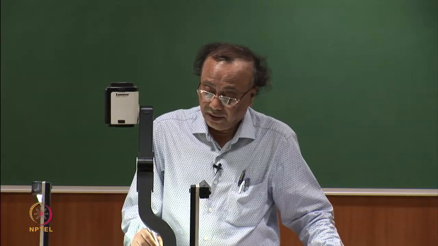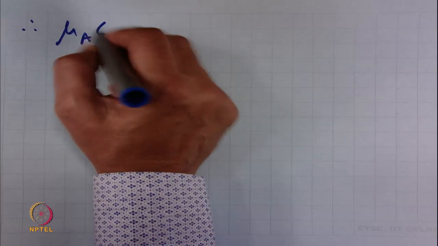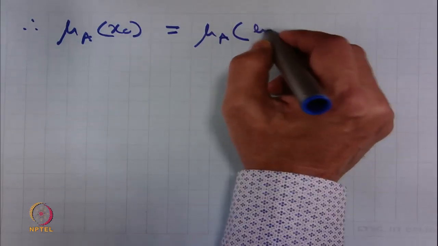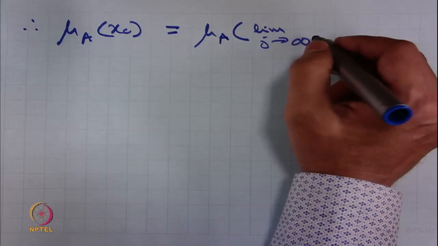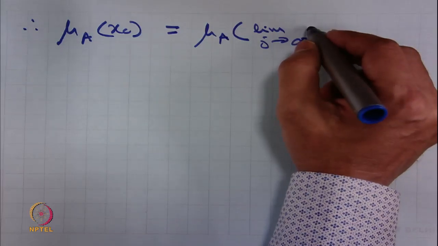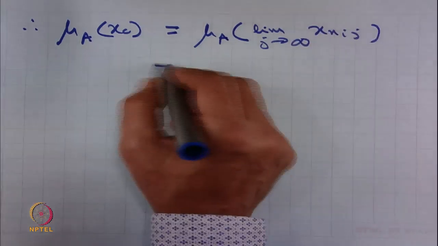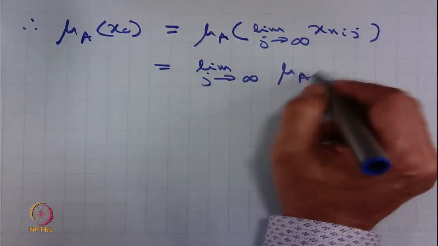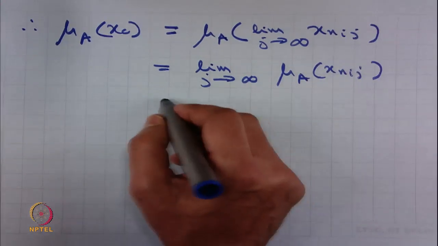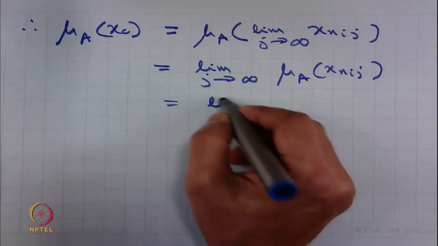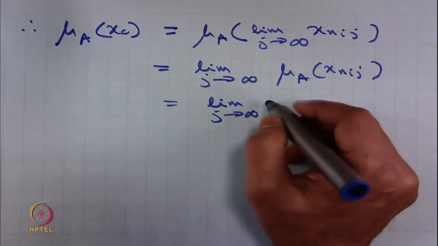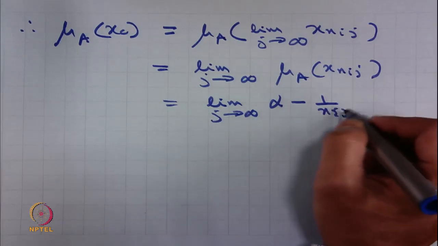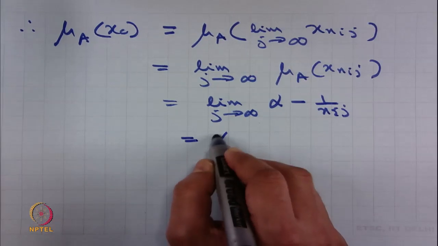Therefore, mu a of x naught is equal to mu a of limit j going to infinity of x n i j, which is equal to limit j going to infinity mu a of x n i j, which is equal to limit j going to infinity of alpha minus 1 upon n i j, which is equal to alpha.